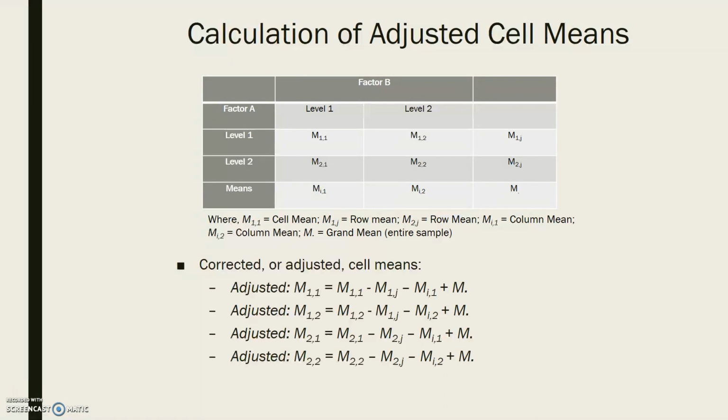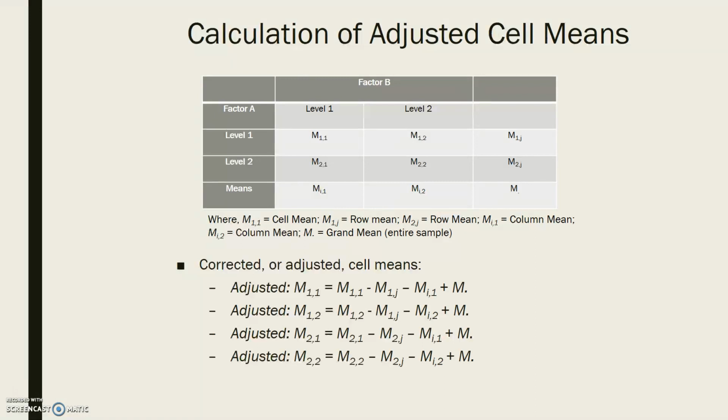Within each of the cells, M sub 1 comma 1 is the cell mean for the first levels of factor A and factor B, whereas M sub 2 comma 1 is for the second level of factor A, first level of factor B. At the end of each row, we see M sub 1 comma j, M sub 2 comma j.